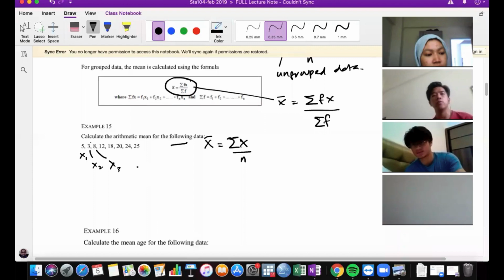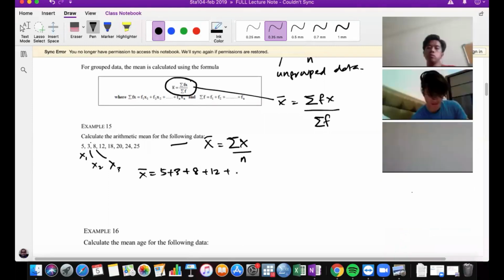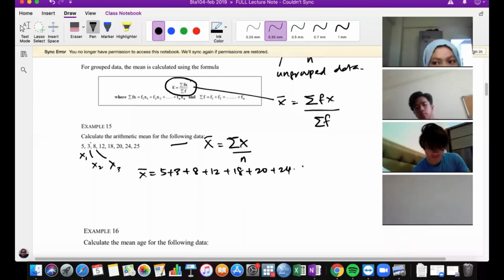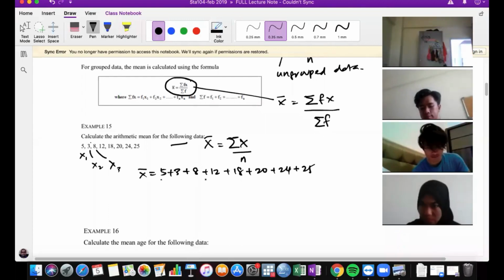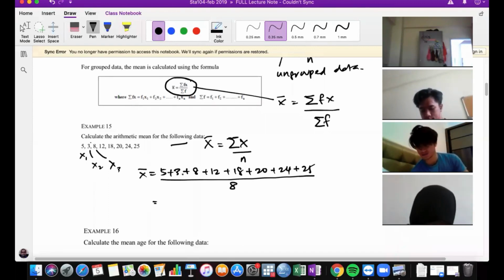So we have 5 plus 3 plus 8 plus 12 plus 18 plus 20 plus 24 and 25. How many observations are there? We have 1, 2, 3, 4, 5, 6, 7, 8, so divide by 8.